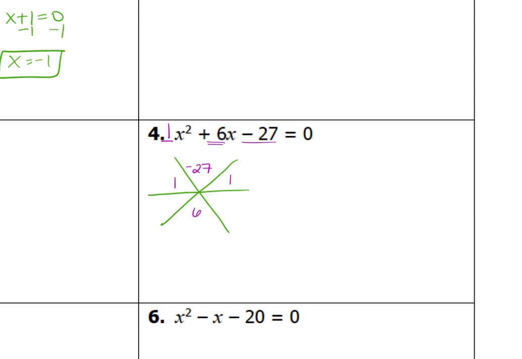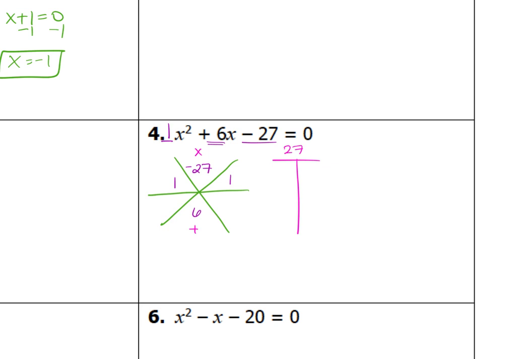So you're asking yourself the question, what can I multiply to get a -27 that I can add to get 6? Okay, so now you make your list. So what can you multiply to get 27?